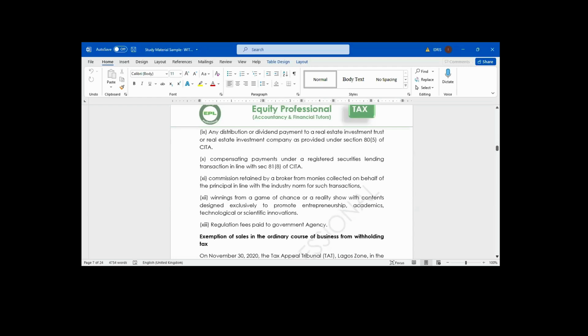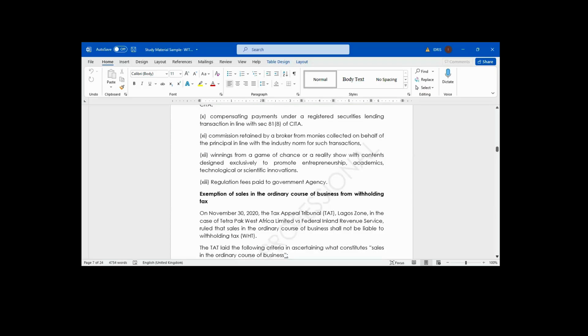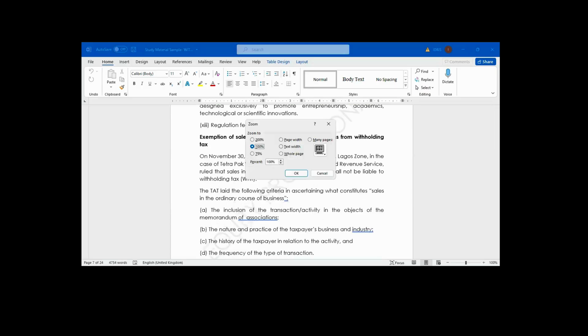When you receive a sum of money from a game, winning of a game or lottery and so on like that, they are exempted from withholding tax. So all these are exempted from withholding tax.